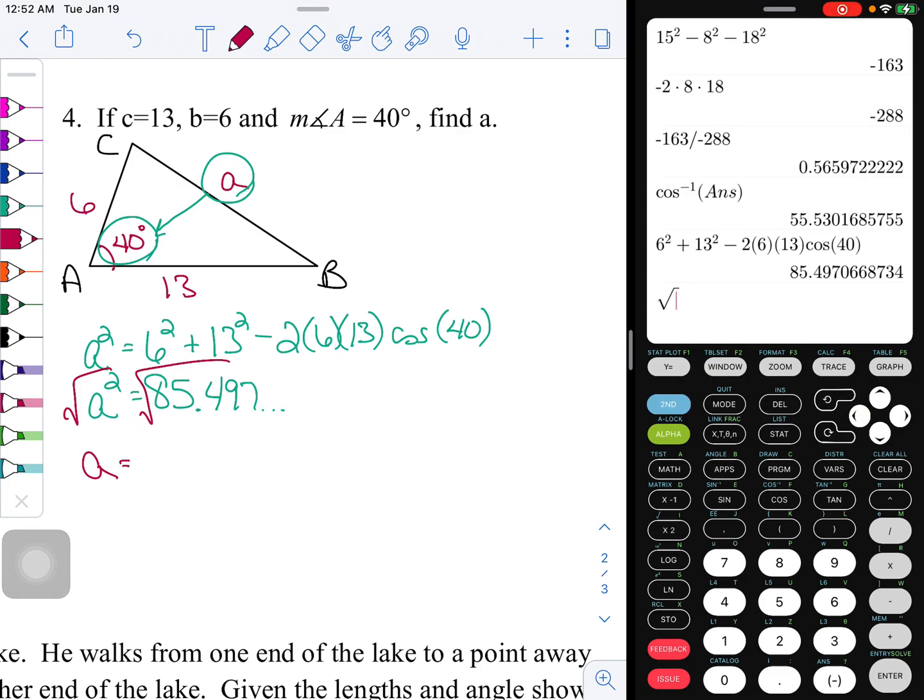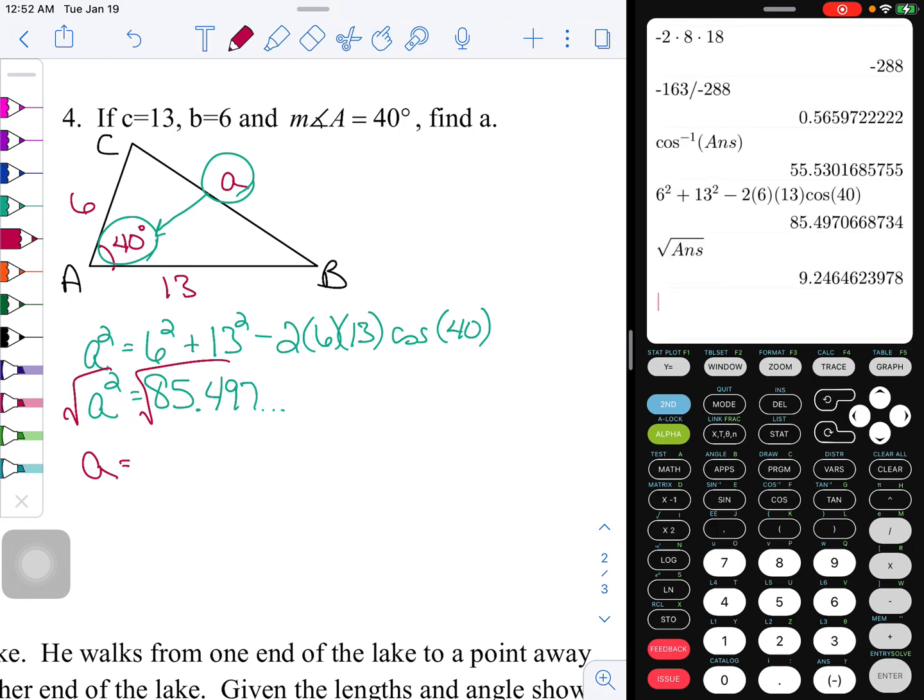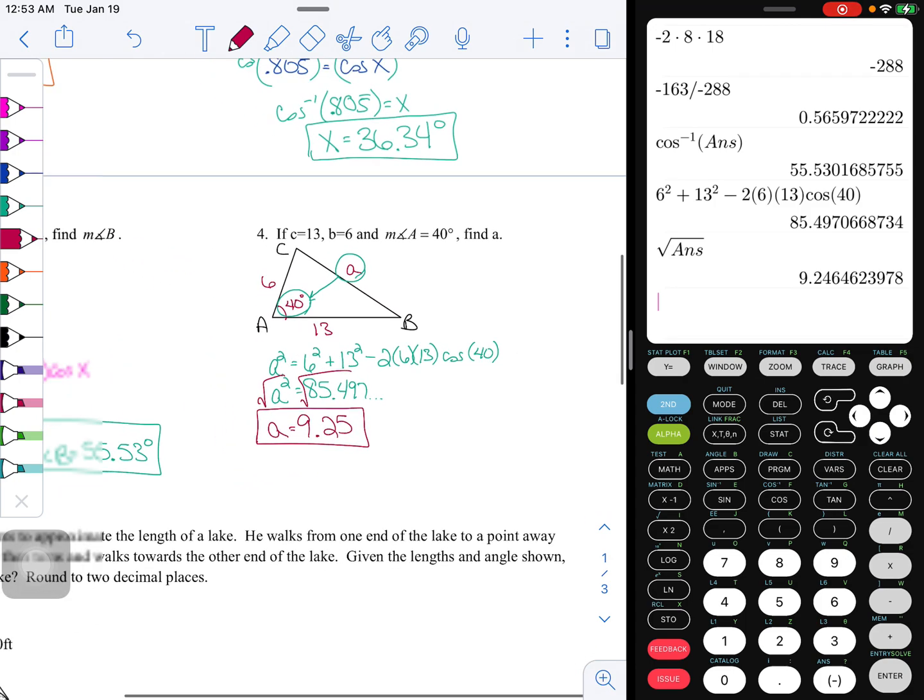So in the calculator, I'm going to do the square root of the last answer. And again, there's no directions for rounding, so just go ahead and round it off to 2 decimal places, please. So 9.25. We don't know units here, so it's all good. All right.